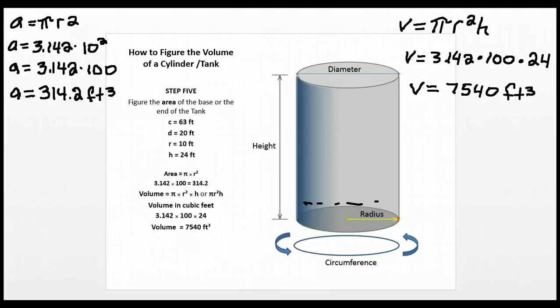So once we figure that out, let me give you another important fact. 1 cubic foot is equal to 7.48 gallons.